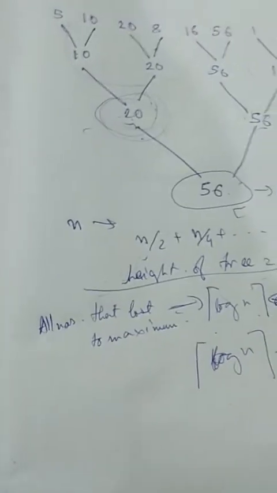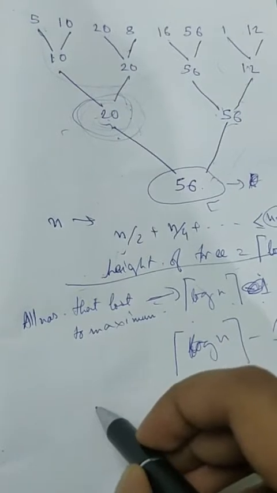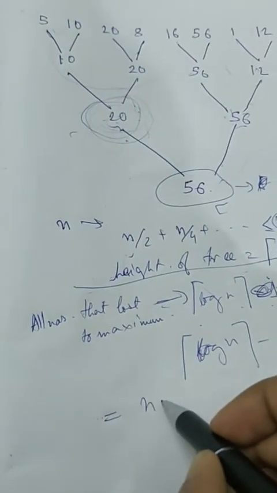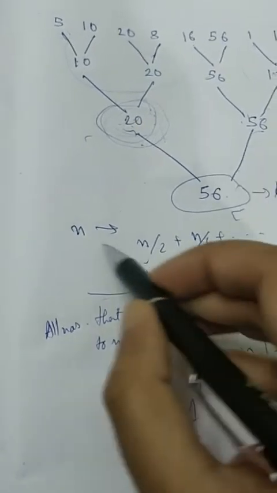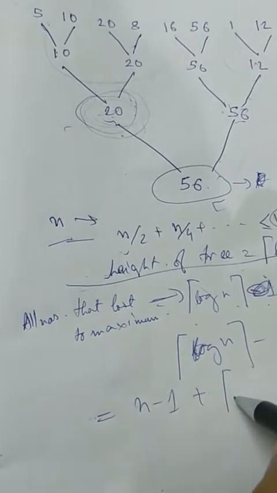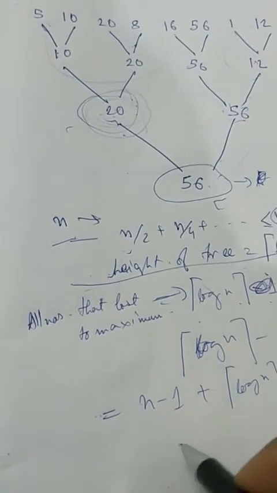So the total time required to find the second maximum is order of n, but precisely it is n minus 1 to build the tree, plus ceiling of log n minus 1.